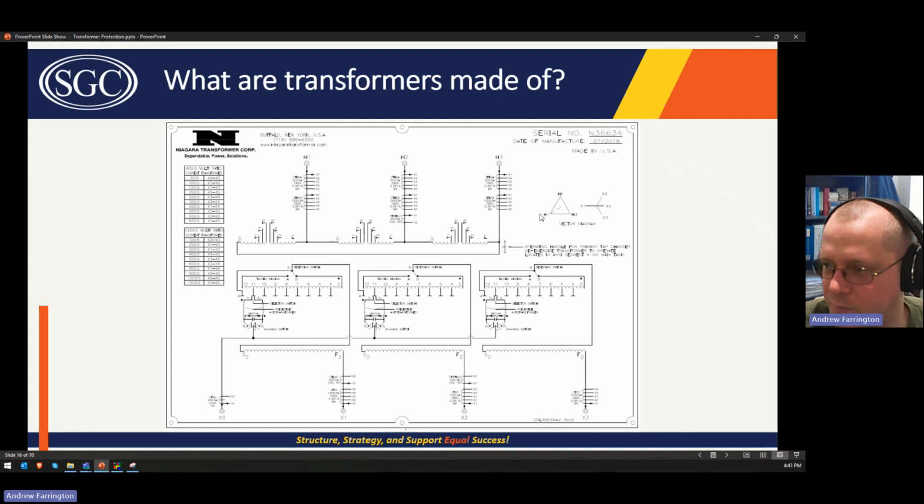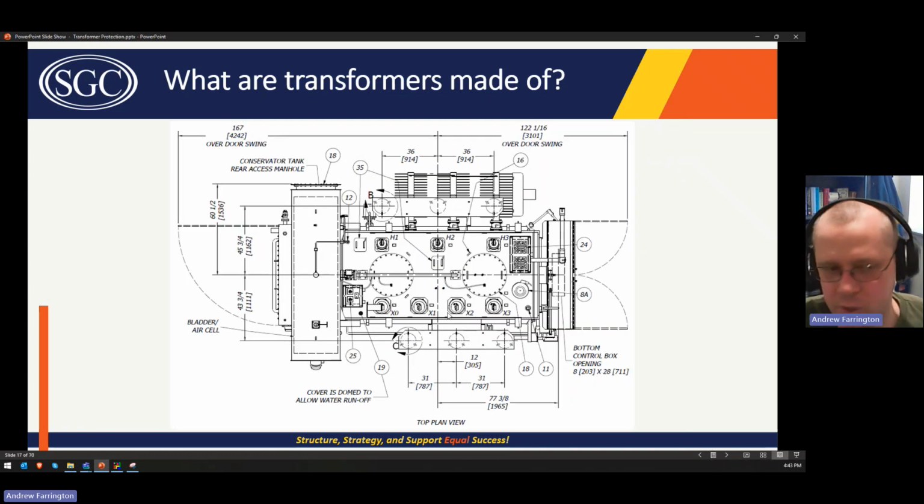This is why I emphasized this so much. But there's another way you can screw it up. If on your drawing you put the bushings in the wrong order, that's also going to mess up your phase connections, and it's not going to work correctly.